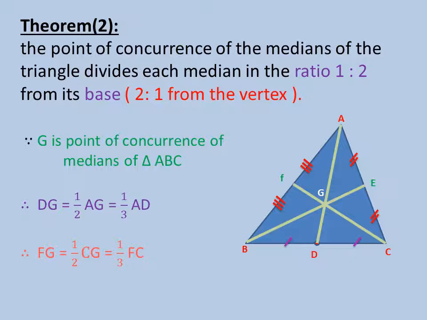So FG equals half CG and equals a third of FC. If we consider the third median, BE, GE is the part from the base, and BG is the part from the vertex. So GE equals half BG and equals a third of the total median BE.